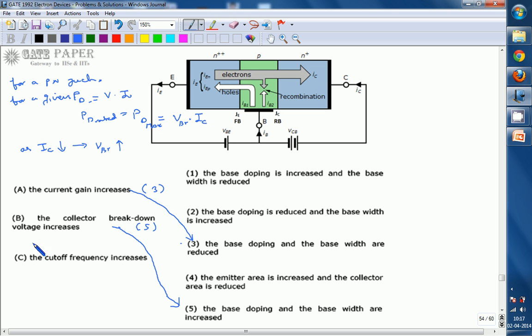Next, the cutoff frequency increases. There are two different types of cutoff frequencies, F beta, the beta cutoff frequency, and F tau. F tau is the unity gain bandwidth product.